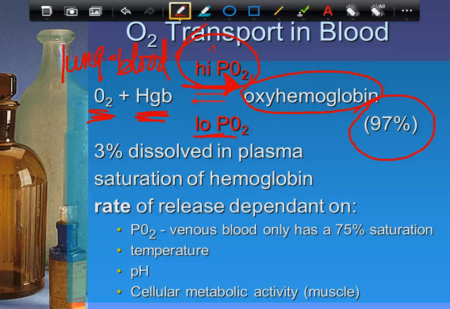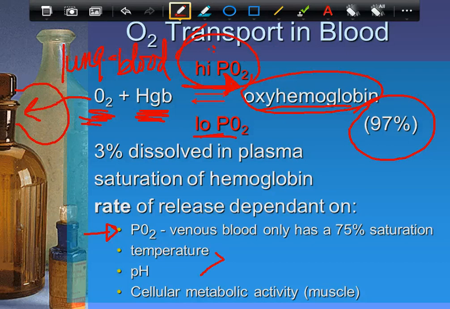And when the PO2 drops, the oxyhemoglobin now splits apart or dissociates back down to free hemoglobin and free oxygen. And now the oxygen can cross over and go into the tissues. So the key factor here in the rate of release of oxygen is PO2, high or low PO2.